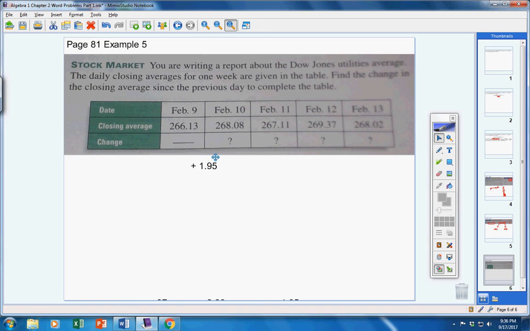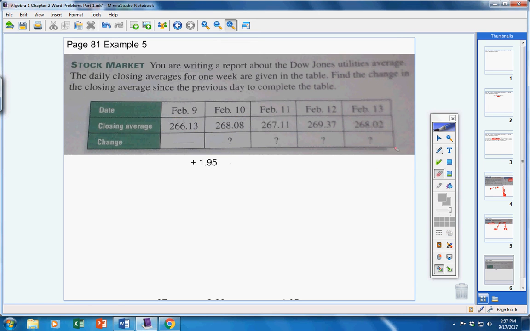Please take great notes, okay? February 9th, it closed here, and it opened. It closed here, and it closed here. First of all, it went up from 266 to 268, so it's a positive. Subtracting those two numbers, it's a positive 1.95.